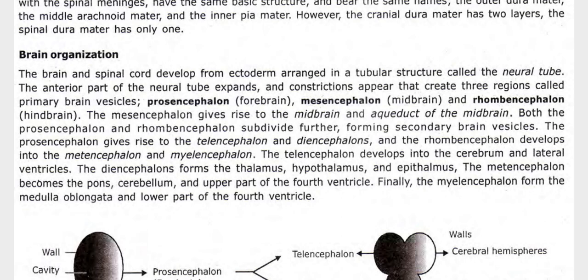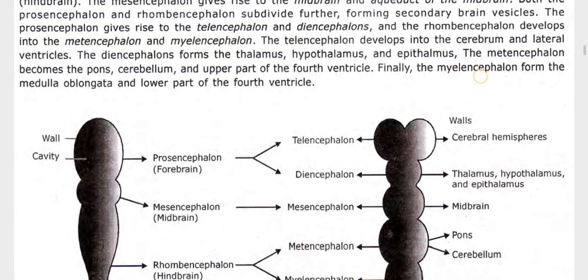The diencephalon forms the thalamus, hypothalamus, and epithalamus, and the metencephalon, which is produced with the help of the rhombencephalon, becomes the pons, cerebellum, and upper part of the fourth ventricle. Finally, the myelencephalon forms the medulla oblongata and lower part of the fourth ventricle.